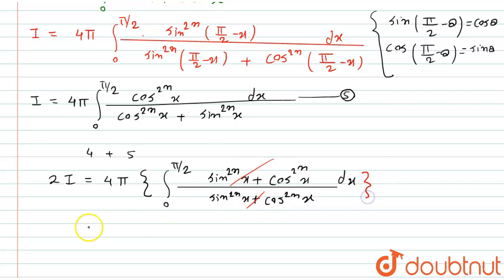We get 2I equals 4π in brackets integral from 0 to π/2 of 1 dx.